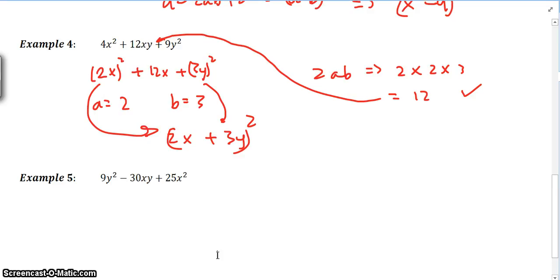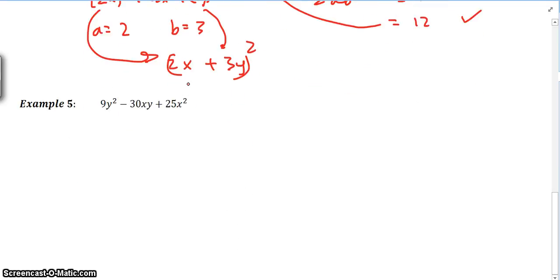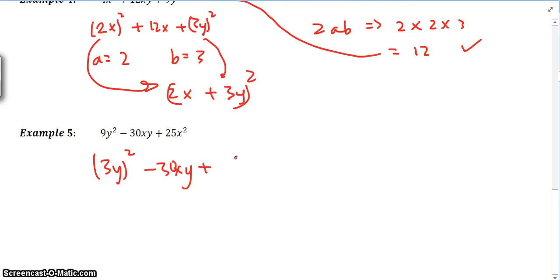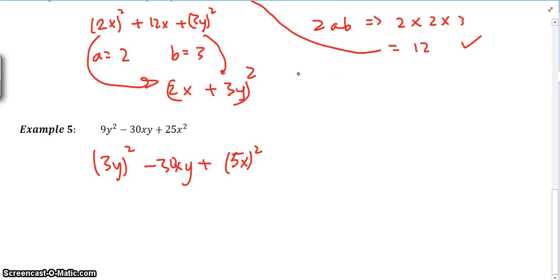Likewise with the last example, doing exactly the same thing again, we reduce this down to (3y) squared minus 30xy plus (5x) squared. From here we look at our values: our a value is 3 and our b value is 5.